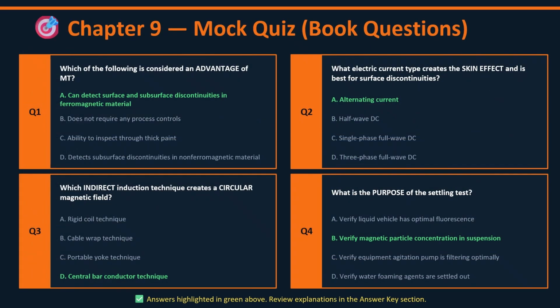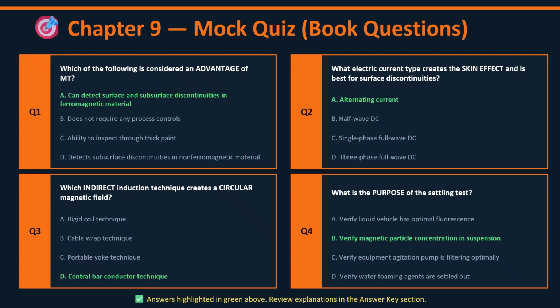The first mock quiz section is designed to test whether you can apply the principles rather than simply recognize terminology. For the first question, the advantage of MT is its ability to reveal surface and near-surface discontinuities in suitable ferromagnetic material. The other choices violate the basic limitations of the method. The second question tests the skin effect.